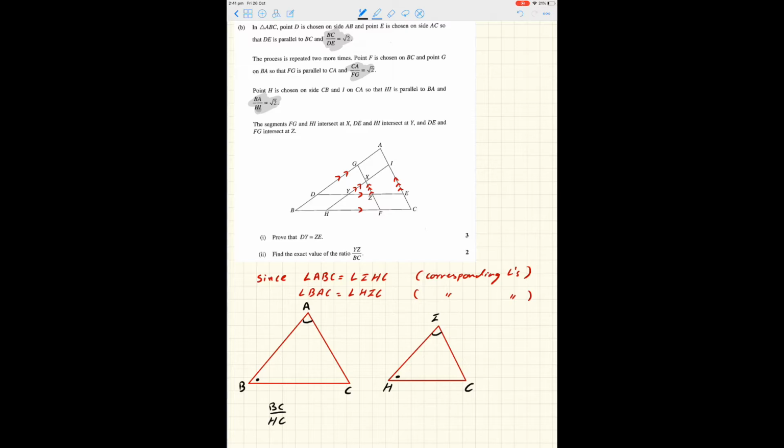Now looking at this BC over HC, I can't tell you what it is equal to because it wasn't given to me in the question. However, BC over HC is the same as BA over HI, and that was given to me: BA over HI is equal to the square root of 2. So keep this in the back of your mind, because we're going to come back to this later and use it. Okay, so that's what we have so far.